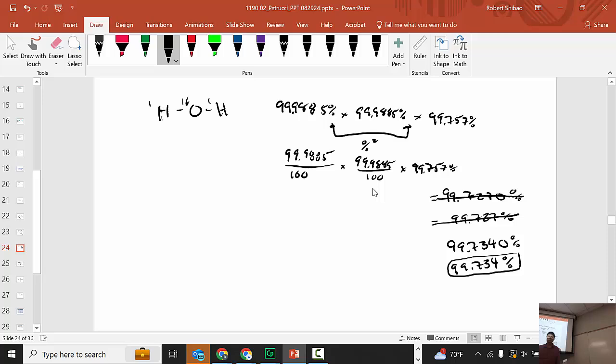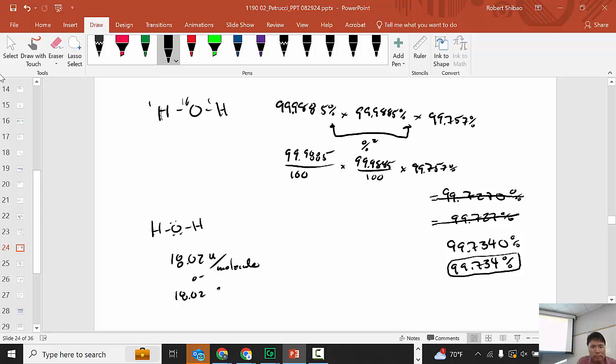Well, we know that water's molecular mass, if I had a water molecule like this, the average one weighs 18.02 U per molecule, or 18.02 grams per mole of molecules.